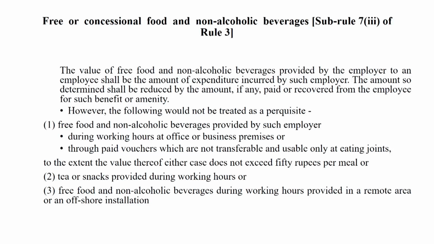The amount so determined shall be reduced by the amount if any paid or recovered from the employee. ओके, मैं कुछ पैसा वगैरह चार्ज करता है एम्प्लॉयर ना तो वो घट जाएगा.